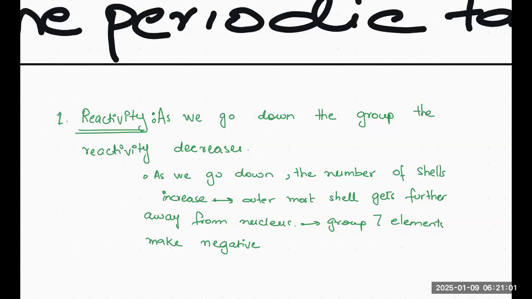Group 7 elements make negative ions, which means that to make negative ions, they need to gain electrons.